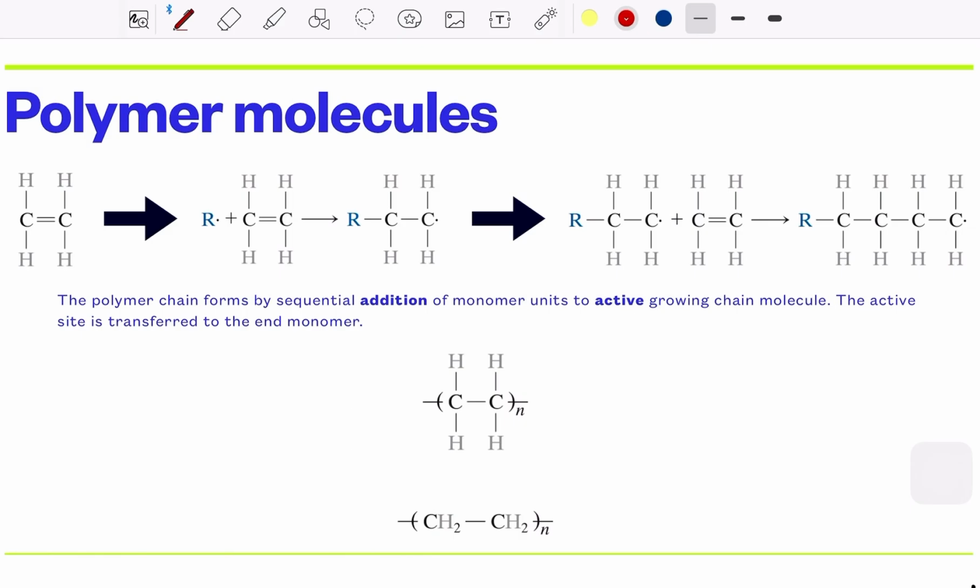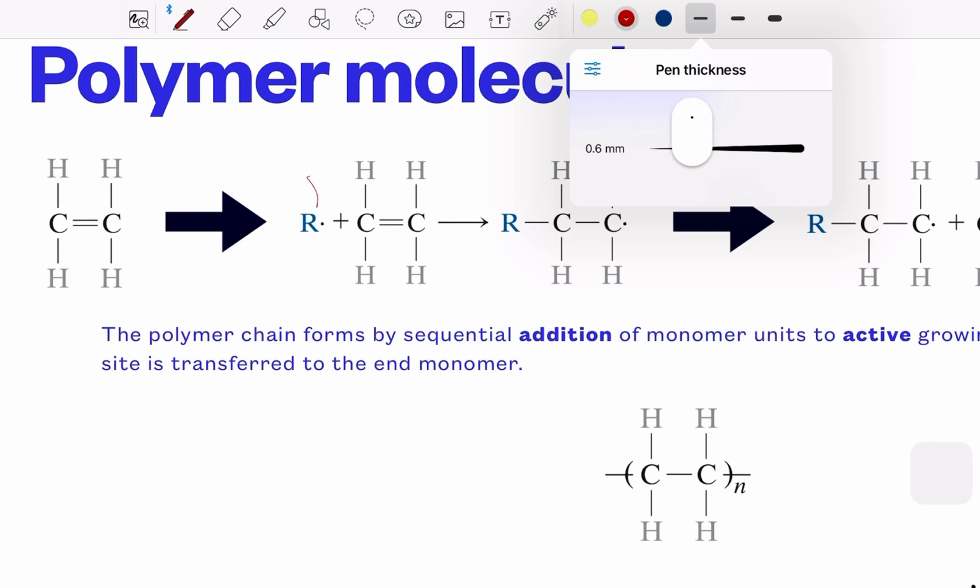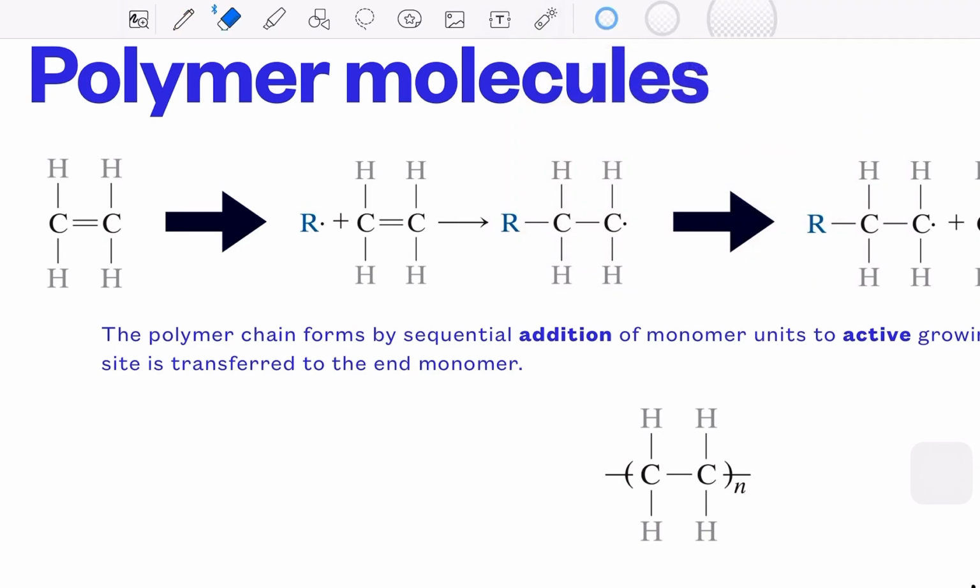Usually if you see something with one dot like this, we call this an unpaired electron, right? Unpaired electron. So let me write here, unpaired electron.